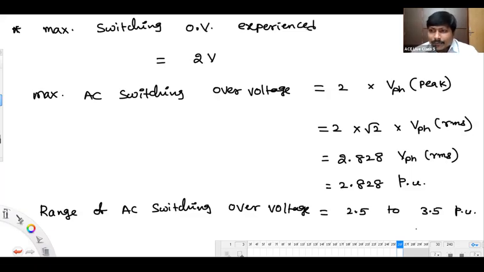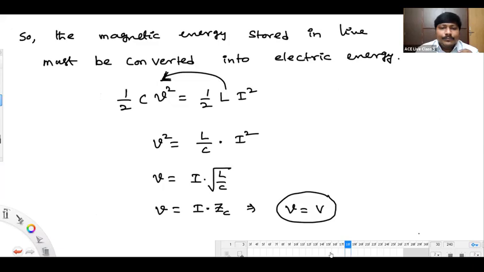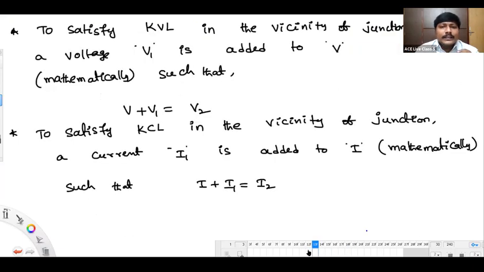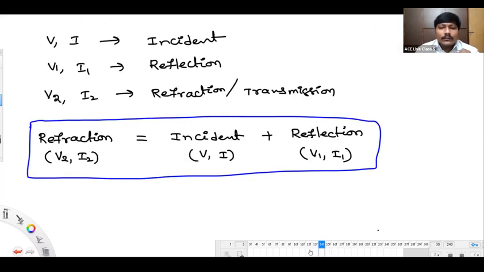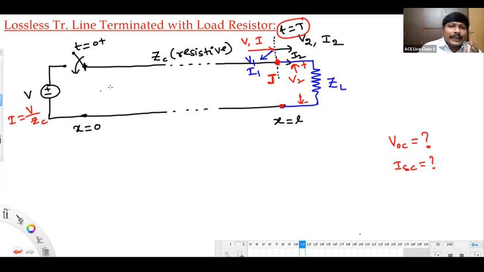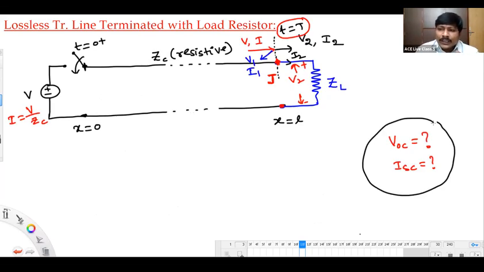Okay, let's continue with the starting point we have discussed here. This is the thing we said: a line terminated with a resistor, and we have to calculate the open circuit voltage and short circuit current. I think we are ready with these two numbers.